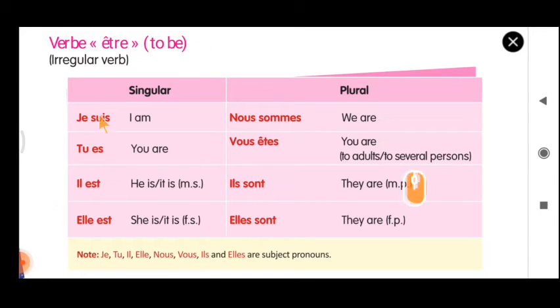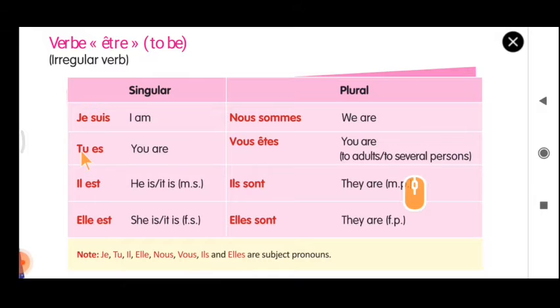So let's see the French version. Je suis. Whenever you get this verb and the subject is je, the conjugation form is suis. That means you write I am in French as je suis.